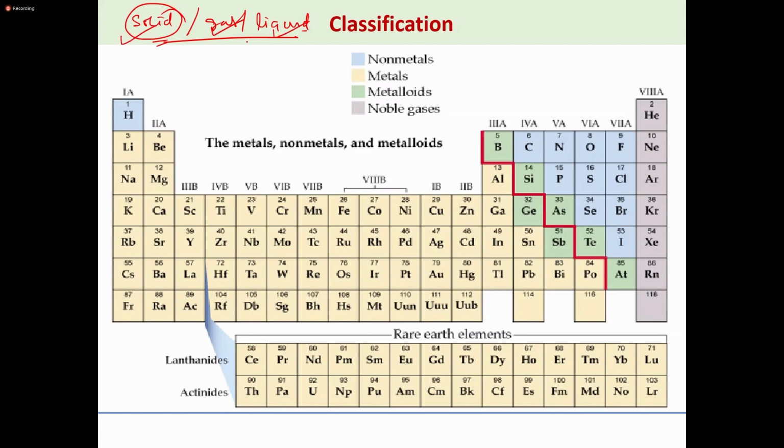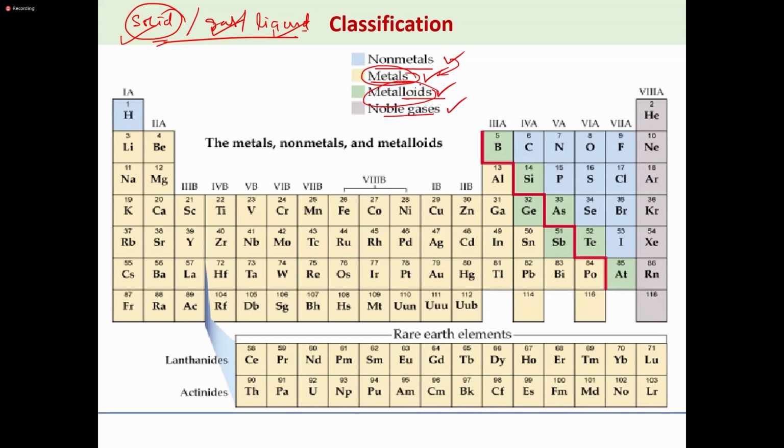Similarly, we can classify the elements as non-metals, metals, metalloids, and noble gases. Metals are electrically conducting, meaning electrons can flow. Non-metals are opposite to metals. Metalloids are elements that have some metal characters and some non-metal characters, that's why they are called metalloids.